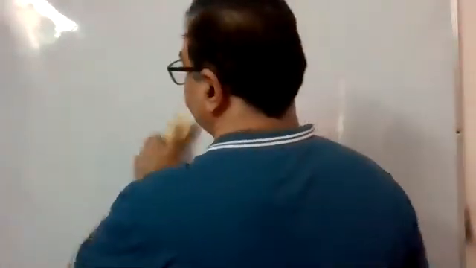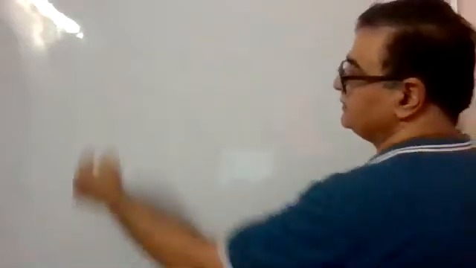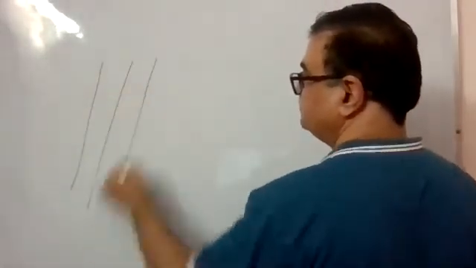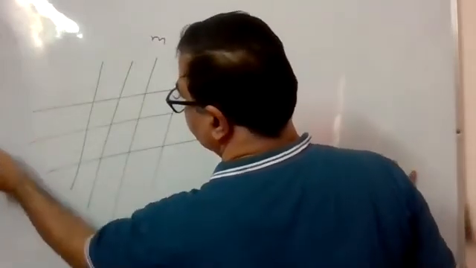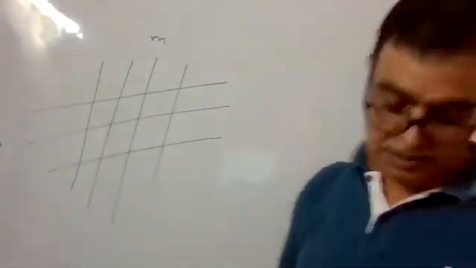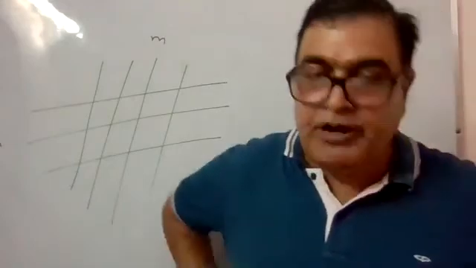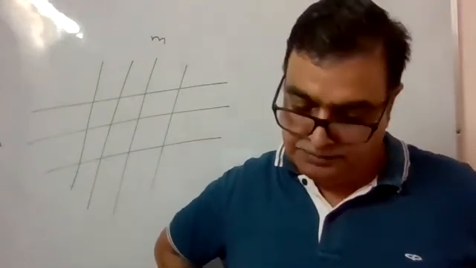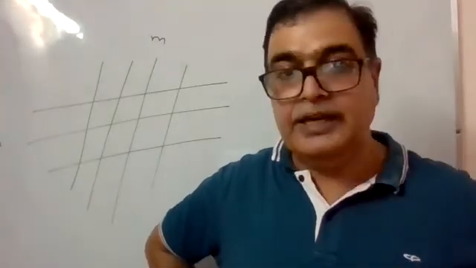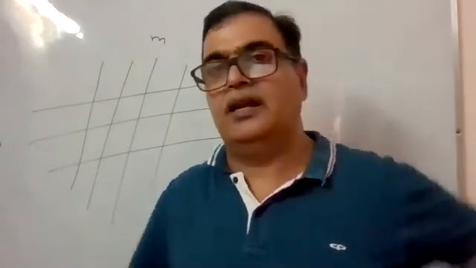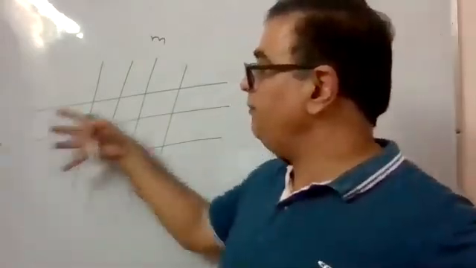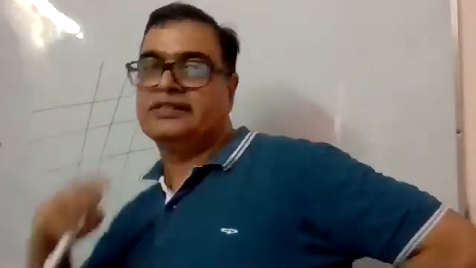नेक्स्ट क्वेश्चन प्लीज. If there are m parallel lines in a plane intersected by a family of n parallel lines, n parallel lines this way and m parallel lines this way, they are intersecting each other.